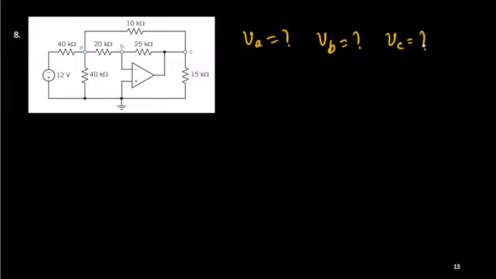This circuit is little bit complicated, not that much complicated. You can easily find out VB looking at this one. Anyone can say these things. What is VB?